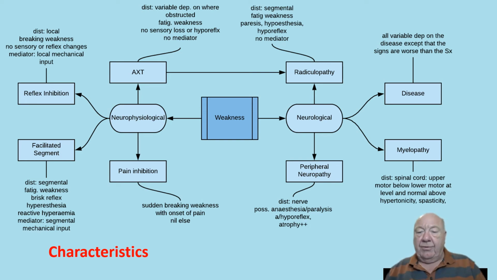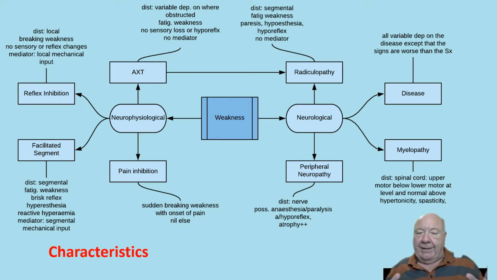Peripheral neuropathies, distribution depends on which part of the nerve's affected. This is everything. Basically, a radiculopathy is a peripheral neuropathy. They react much the same way, except for the completeness of the lesion that can occur with peripheral neuropathy. But that's actually a lower motor neuron lesion if it's the nerve root.